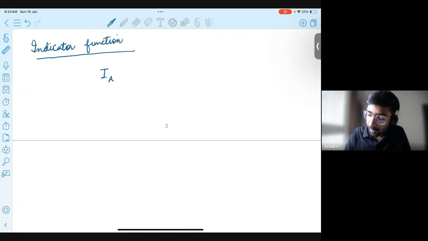Then you have A here. So what does A show? I'll tell you. IA of x. Since it's a function, it's a function of x. IA(x) takes a value 1 whenever x belongs to A. And it takes a value 0 whenever x does not belong to A. So this is a sign for belongs to and does not belong to.